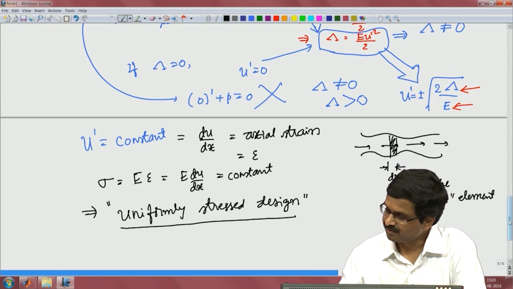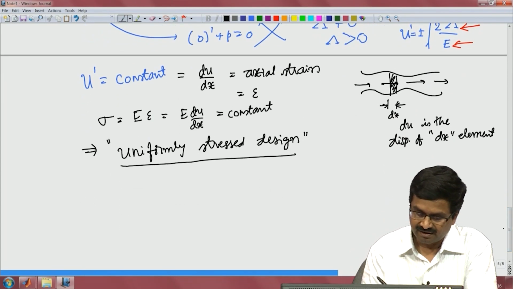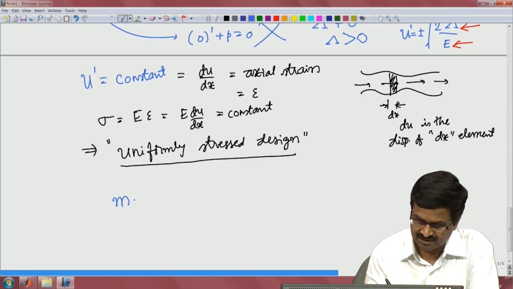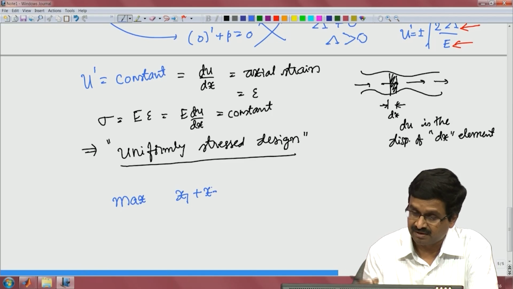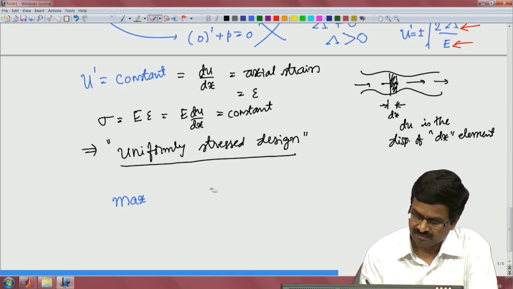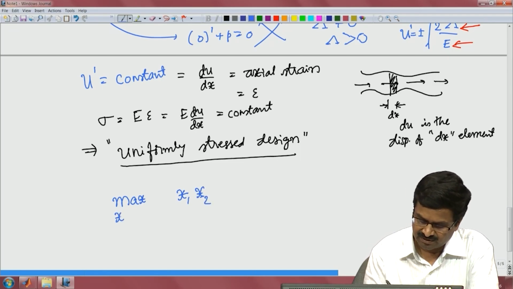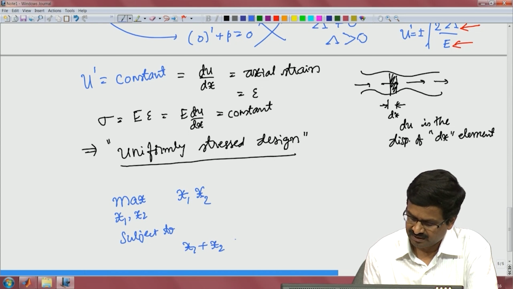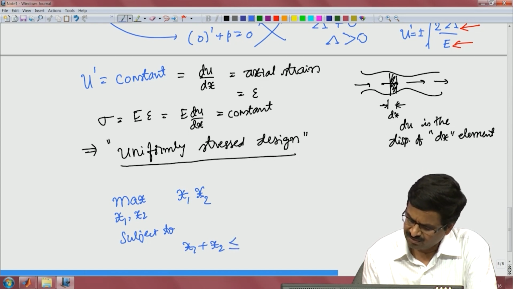You go back and look at an example that we had taken in finite variable optimization: maximize the product x1 times x2, two variables x1 and x2, subject to the constraint that x1 plus x2 is less than or equal to 1.